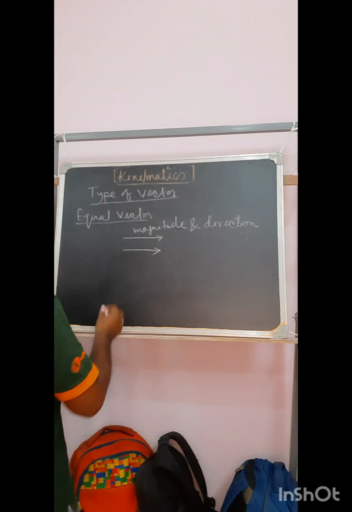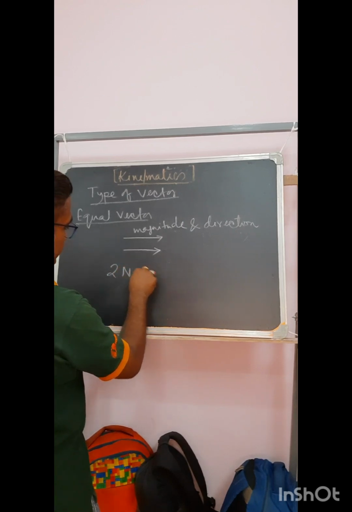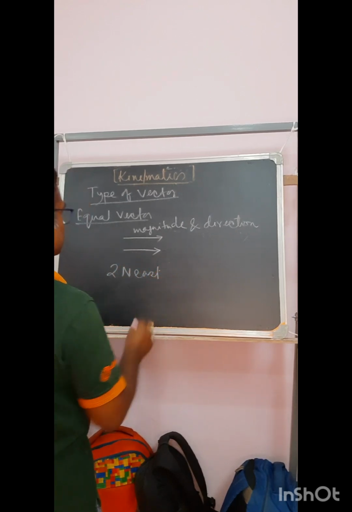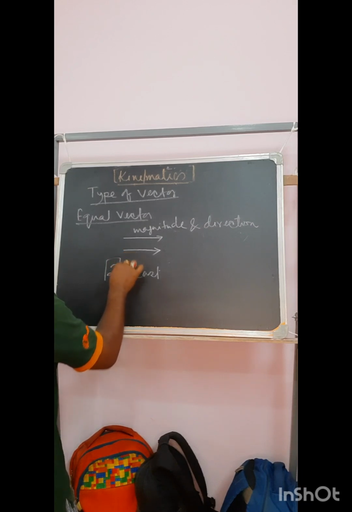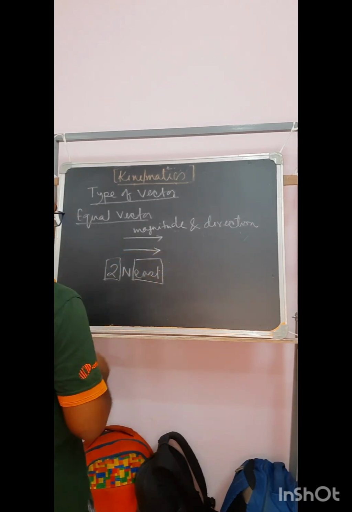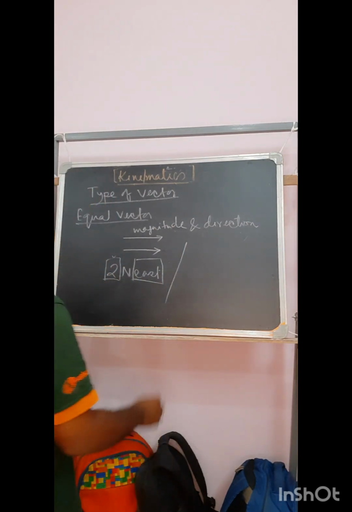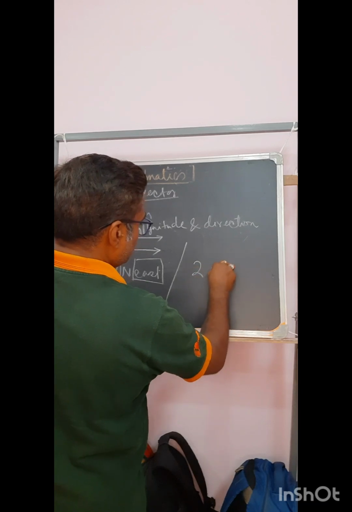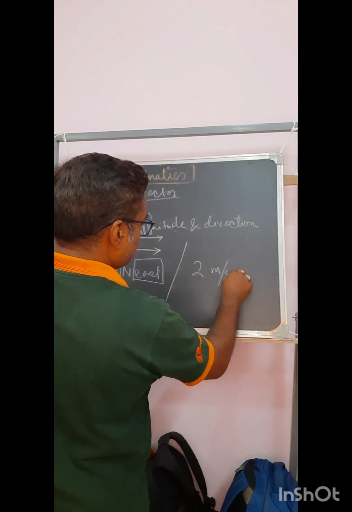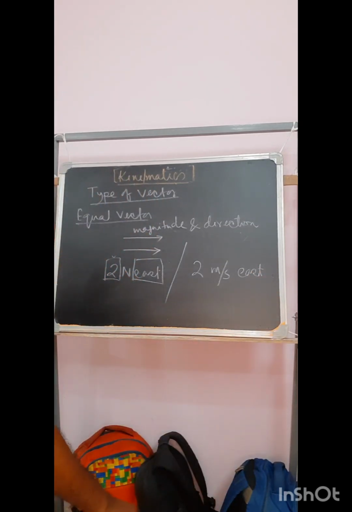But if I say 2 Newton east, this is a vector whose magnitude is this one and direction is this one. If it is compared with another vector which is 2 meter per second east, can it be compared?